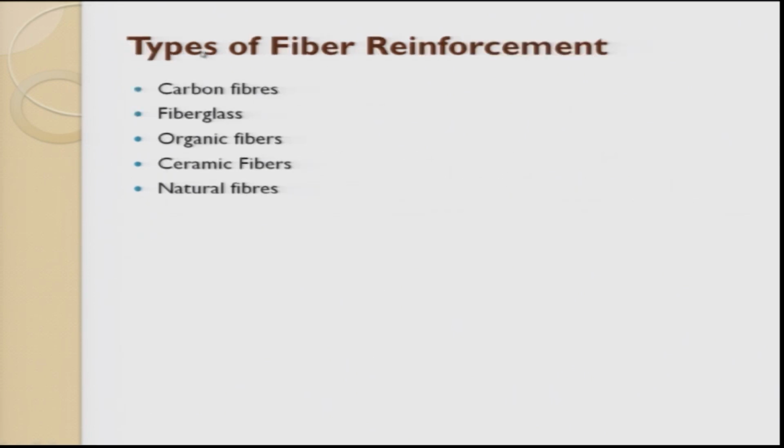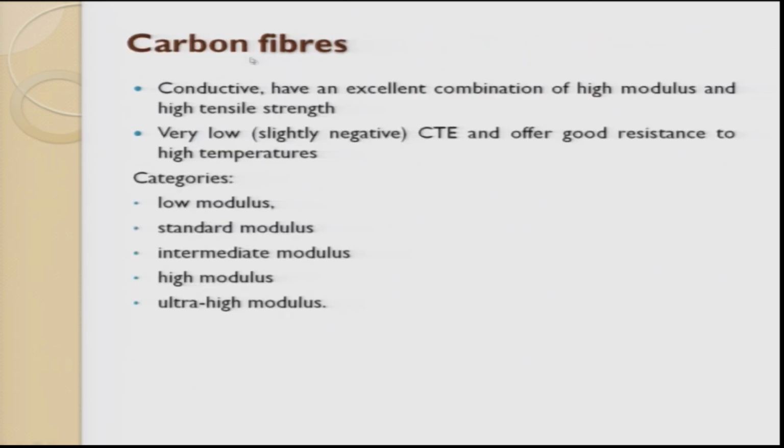So here are some of the different types of reinforcement. One is carbon fiber. Next is fiberglass, which is very exhaustively used. We also can have organic fibers. We can have ceramic fibers. Today there is a big push towards natural fibers also. Carbon fibers have very high modulus and very high strength.